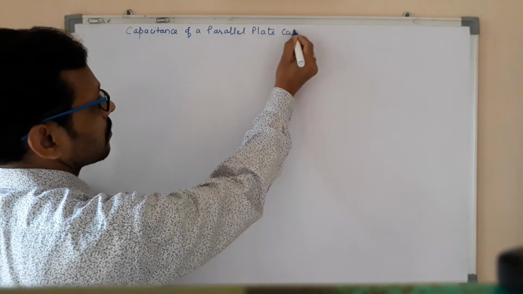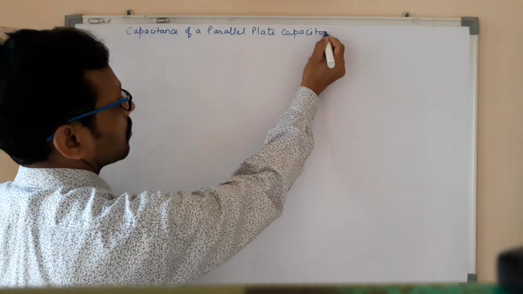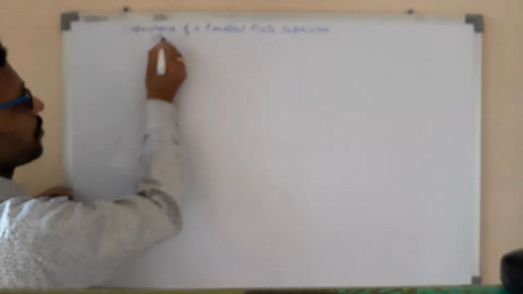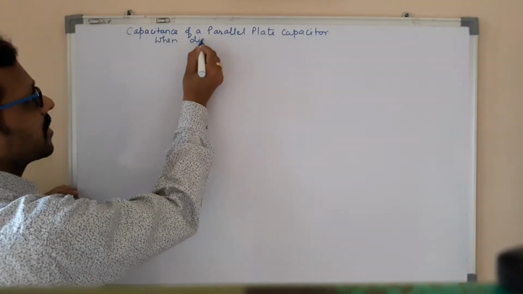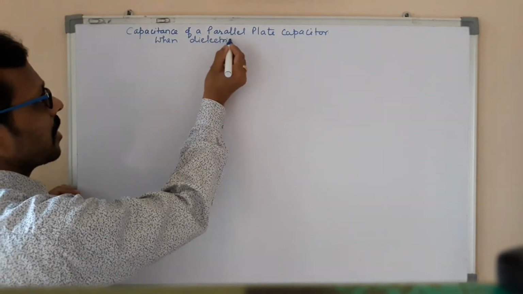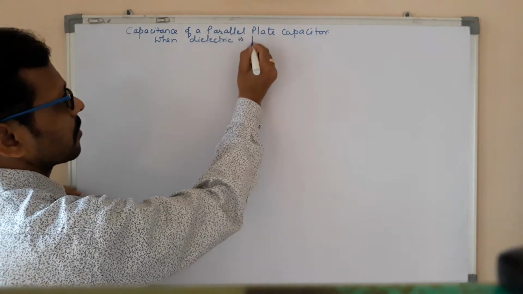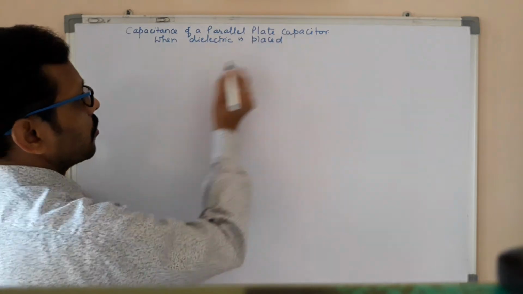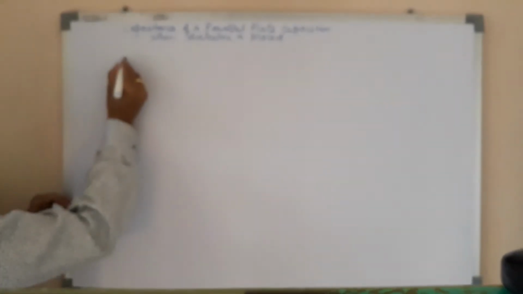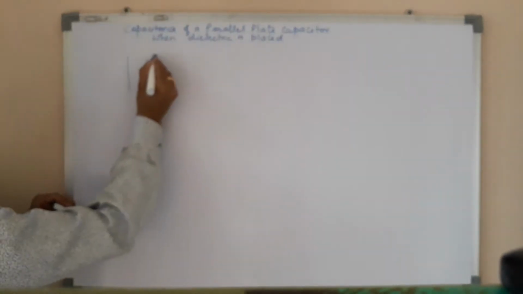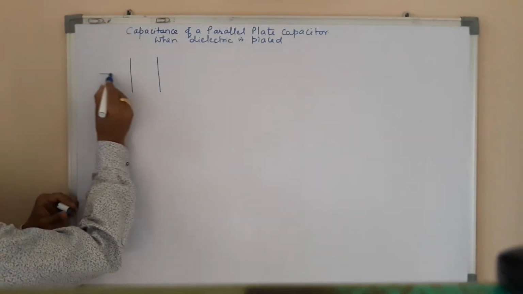when a dielectric is placed. So this dielectric must have some suitable thickness. For that, let us consider two plates, plate 1 and plate 2.